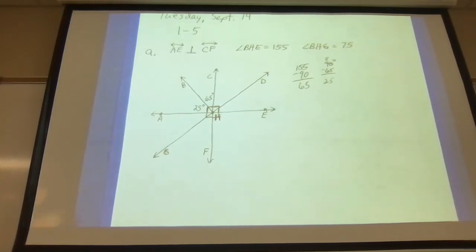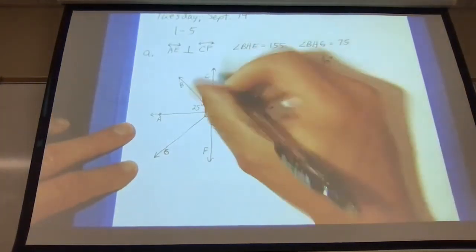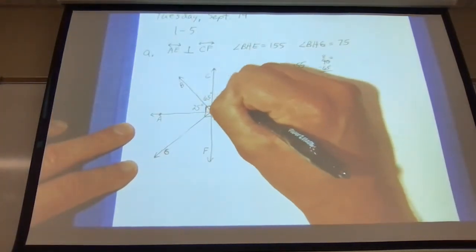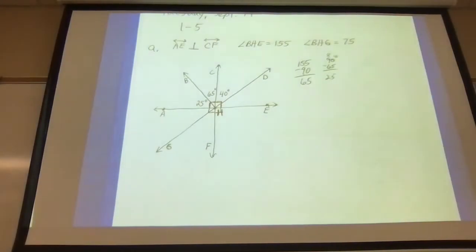Okay, I am missing something. This angle CHD is 40 degrees. That would have to be given to us. Now, this is going to tie into vertical angles. May have to go back to my vocabulary.